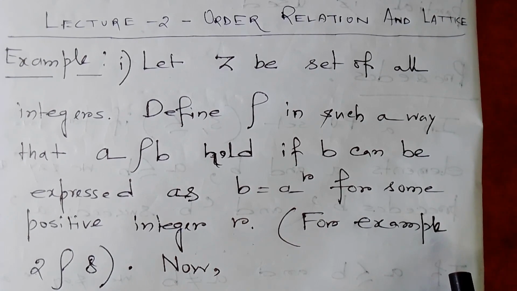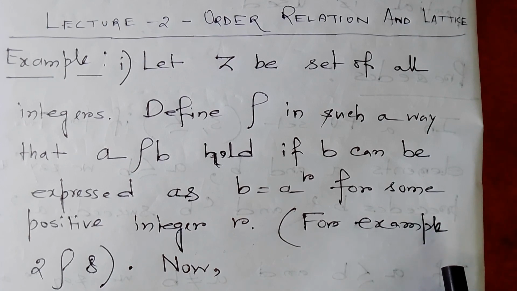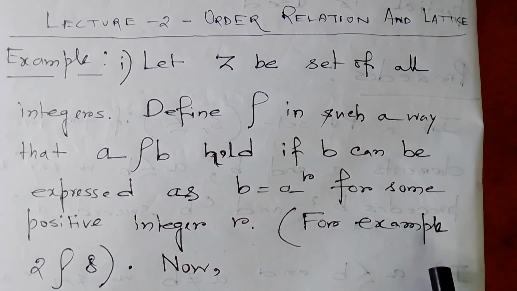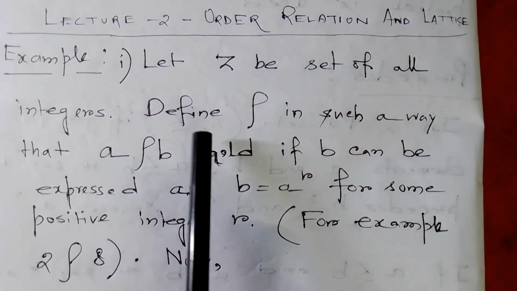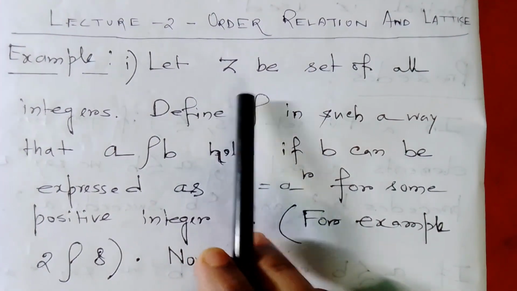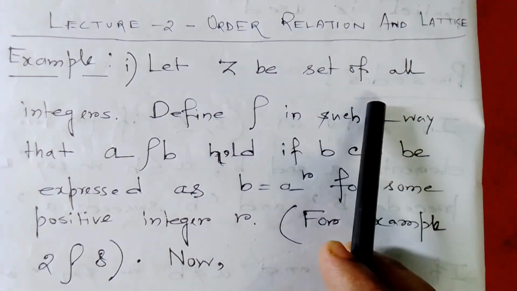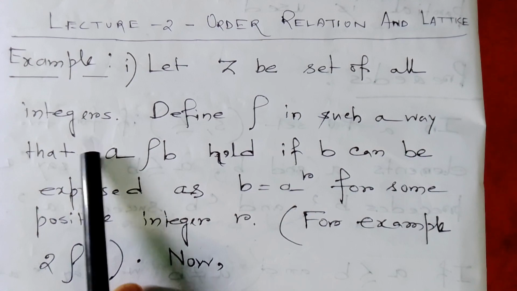And so last day I had discussed POSET, and today I am going to show you two very simple examples on POSET. So let me start with the first one. Let Z be the set of all integers.